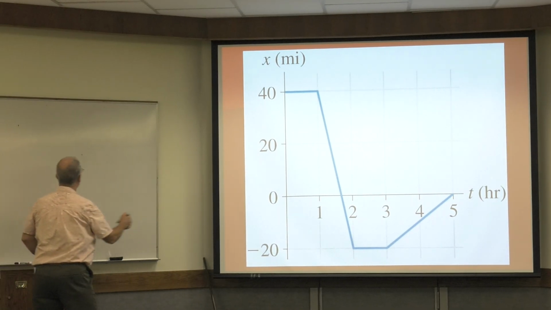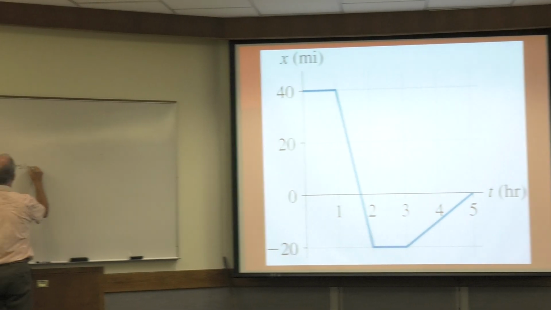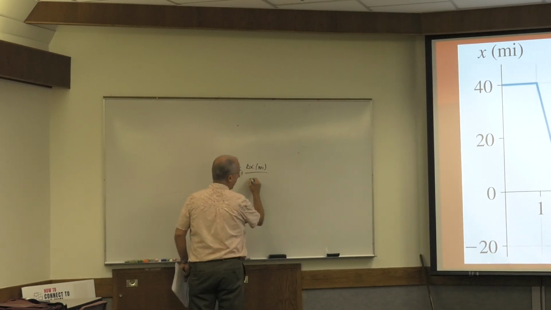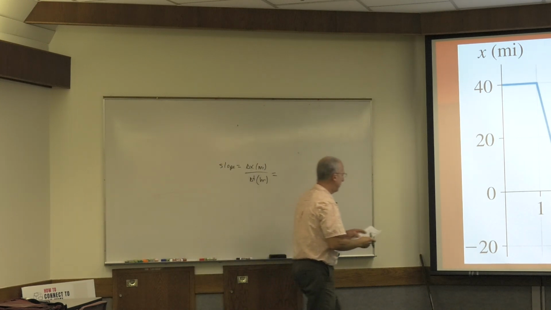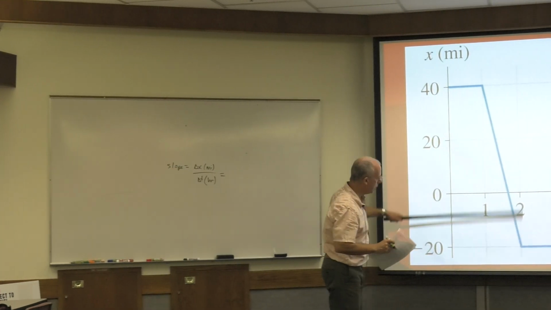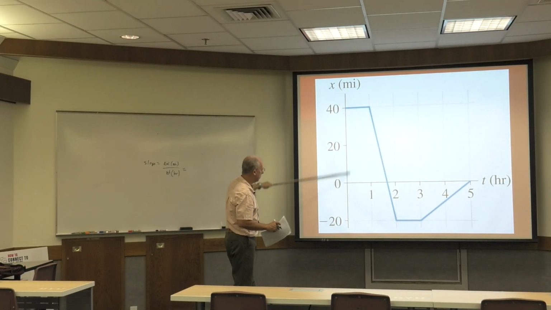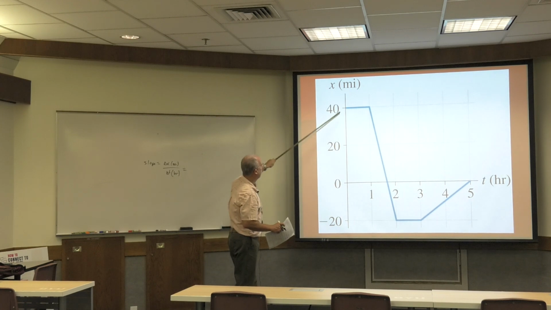Again, the slope here is the delta x in miles divided by delta t in hours. Let's go between this point and this point. What's the rise? It goes from 40 to minus 20.